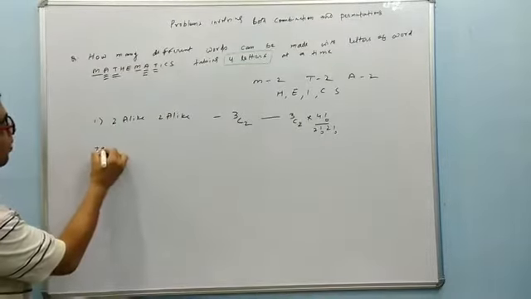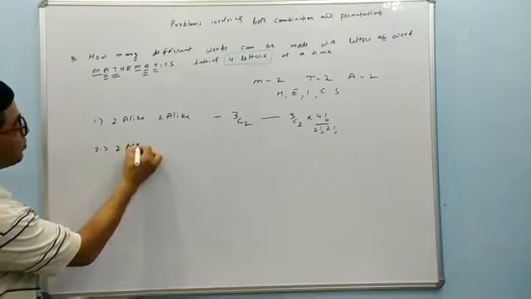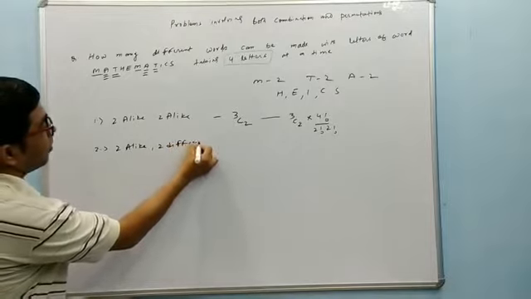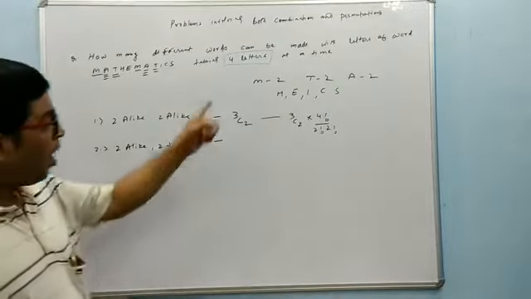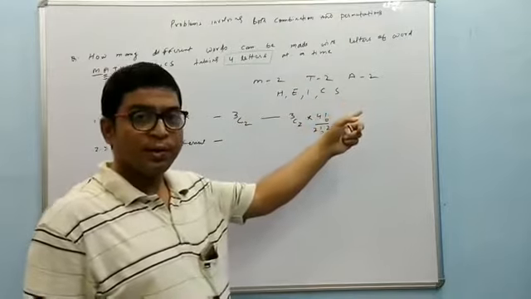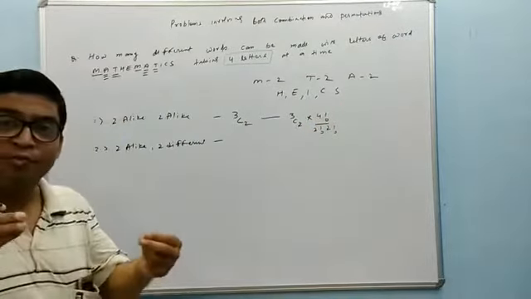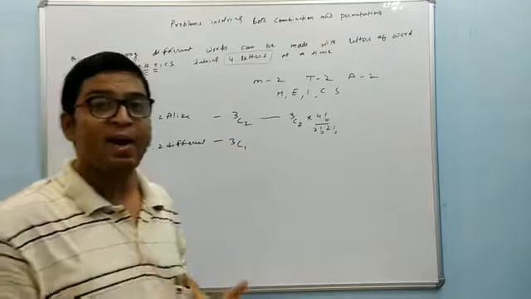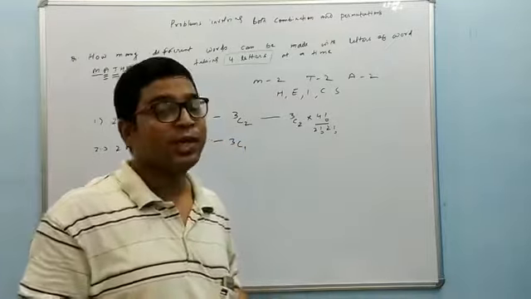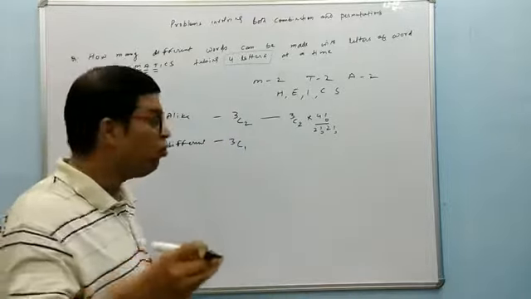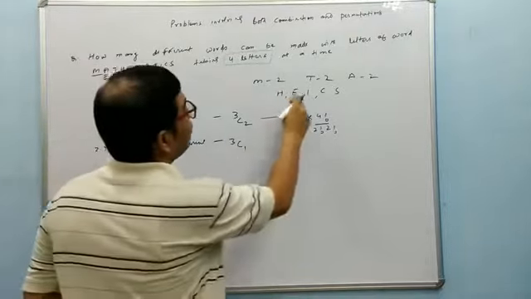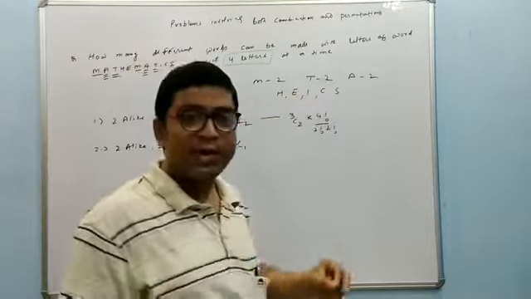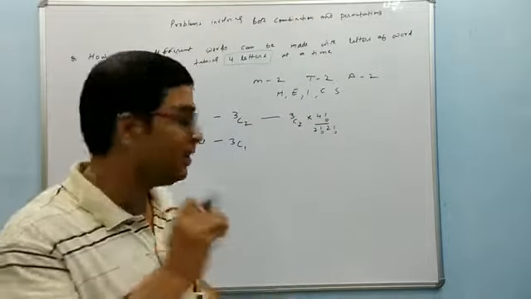Case number 2, 2 alike, 2 different. What does this mean? Out of these 3 alike groups, I have to select one group. 3C1. One group means 2 letters have been selected. Further, I have to select 2 letters. So how many different letters are there? 1, 2, 3, 4, 5, and I have selected one group, so 6, 7. 7 different items are there.